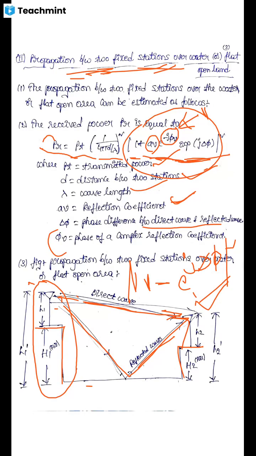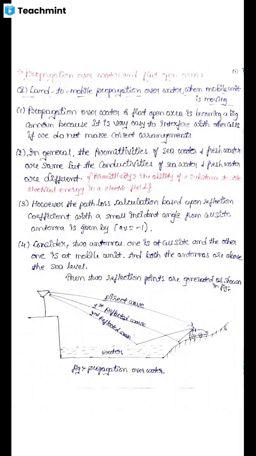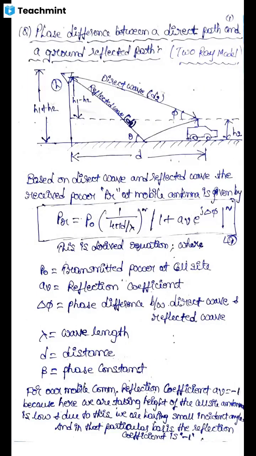So this expression is the same as the expression we had learned in the two-ray model. In the two-ray model, what is the expression? See, I will show you the diagram. This is the two-ray model. Here we are taking one station antenna and here the mobile antenna.